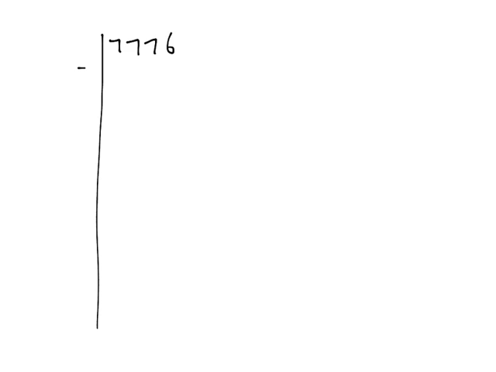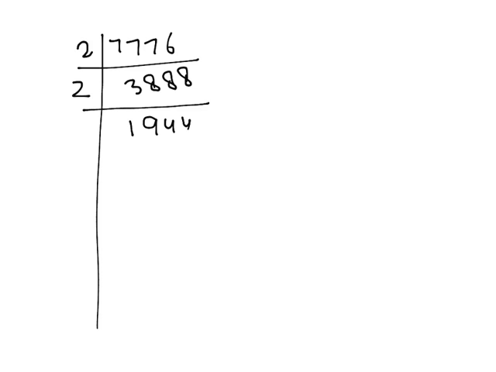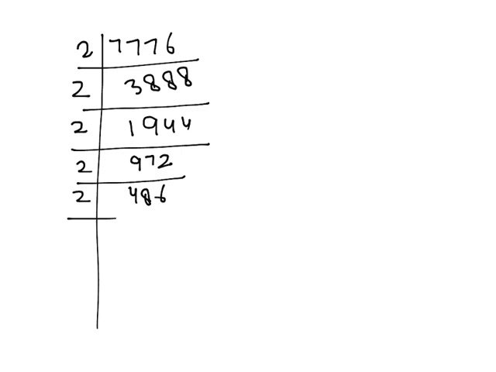So let's find the prime factors. When we divide it by 2, we will get 3888. Next we will get 1944. Next we will get 972. Next we get 486.